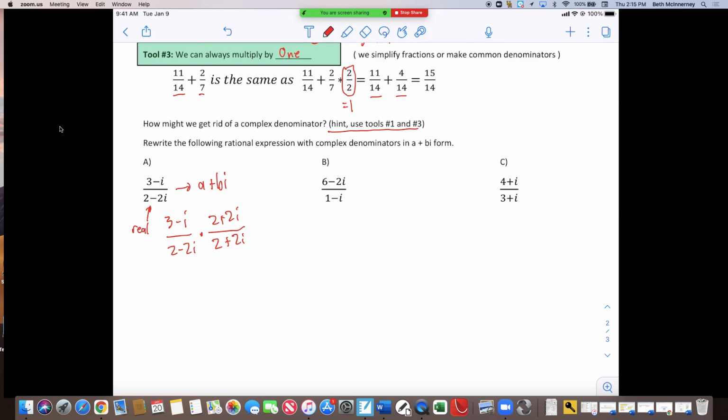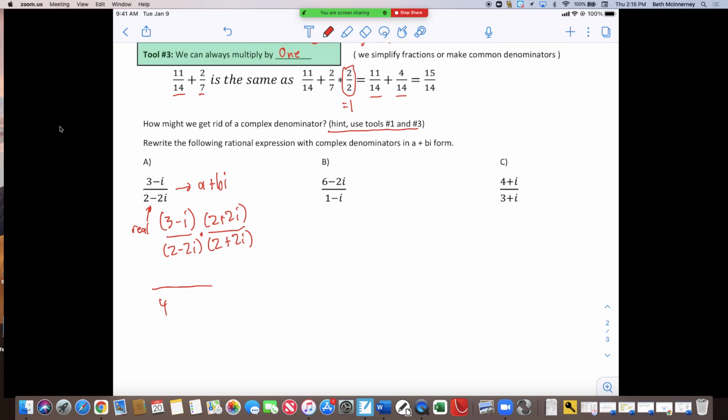So now when we multiply this denominator out, I'll do the denominator first because that's what we care about. We're going to get our first terms. So we're going to get 4. I'll put parentheses so we can see that we're distributing across. We're going to get that first term, 4.